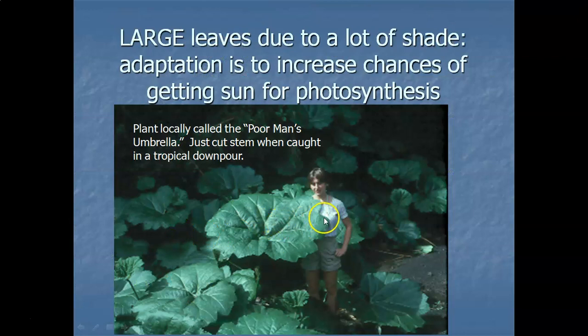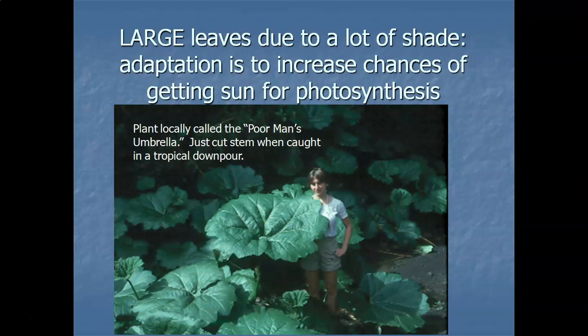All right, and so here I am when I was in graduate school at LSU 100 years ago. But you know what? Since the canopy is so dense and the forest floor is so shaded, any ground cover that you're going to find is going to have very, very large leaves.